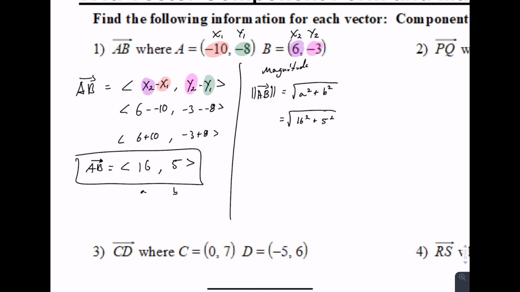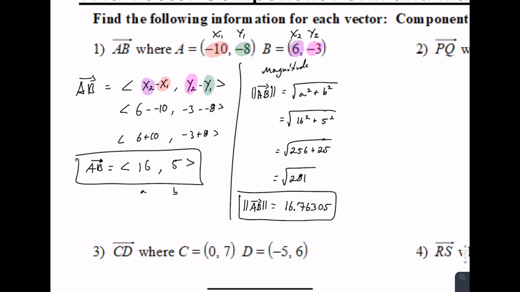If you have a calculator, you can use it. So this would be the square root of 256 plus 25. And so you do that quick little answer, square root of 281. And if you have a calculator, you could calculate this. So the magnitude of AB is 16.76305. And that would be the answer.